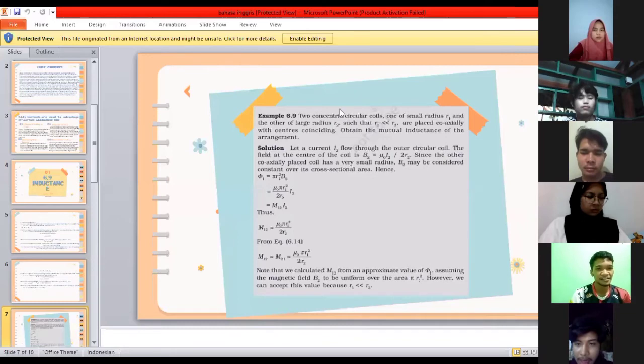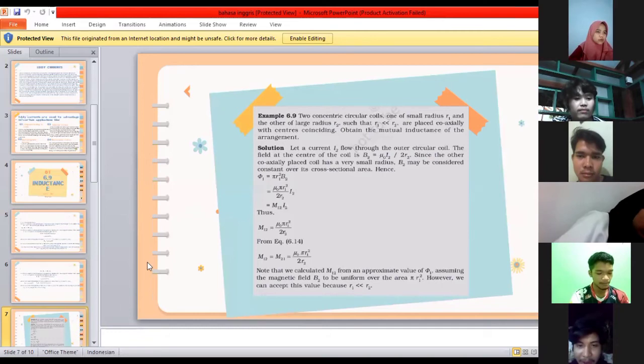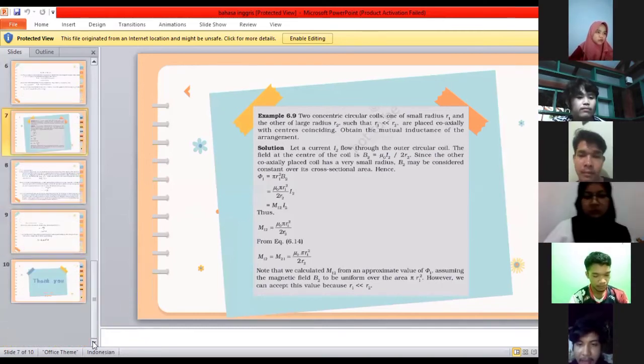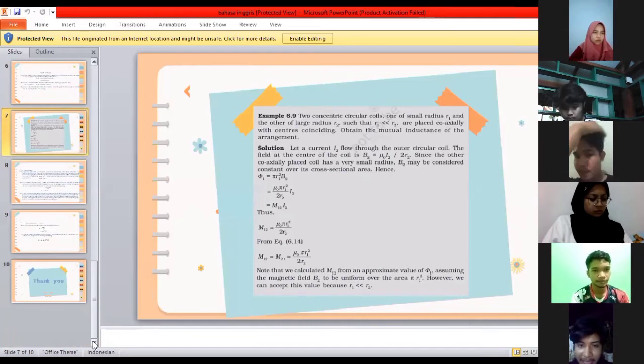Outer circular coil. The field at the center of the coil is B2. Since the actually placed inner coil has a very small radius, B2 may be considered constant over its cross-sectional area.